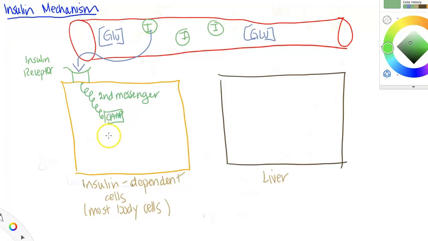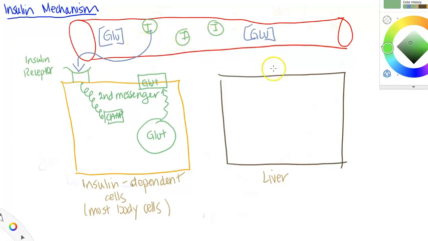And basically that causes a glut transporter to be exocytosed onto the membrane. So that's the action from the second messenger, is to have the glut transporter put onto the cell membrane.